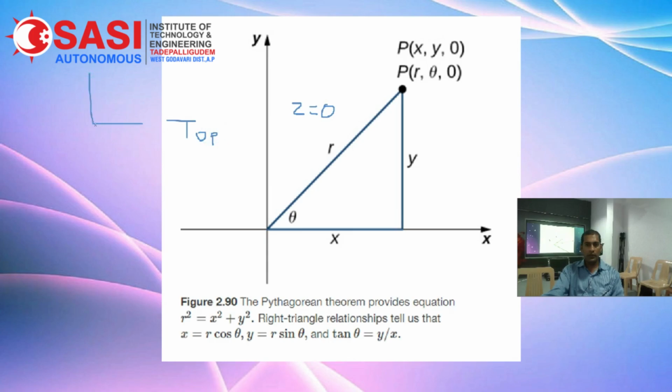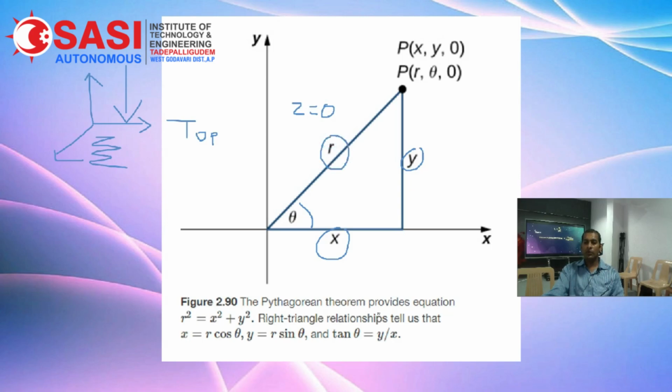So our 3D system is like this. So here we have this plane. This is the plane which is represented from top view. So here we have y, distance y, this is distance x, this is angle theta and this is radius r.